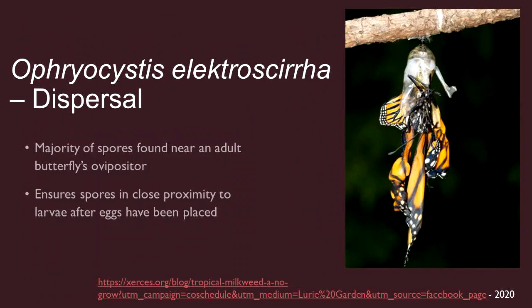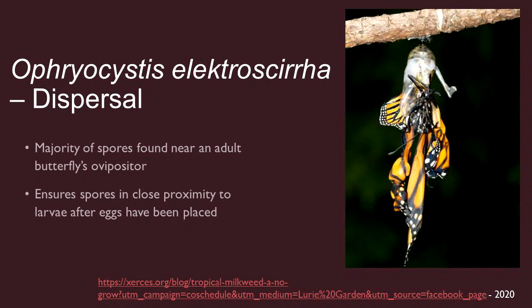OE infection and these spores spread when the individual parasites eat their way out of the larva, which is in chrysalis. They mate mainly where the emerging adult butterfly's ovipositor will form.